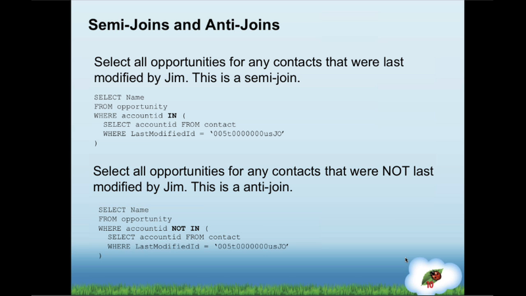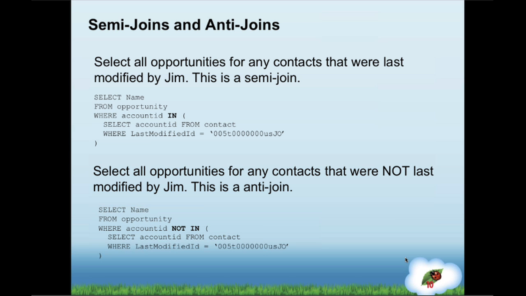So how would you do that in the old syntax? Well, you would probably have to do a couple of queries, iterate through them, chew up a lot of script statements. With child-to-child semi-joins, you can do it in this single statement. The thing that is really key here is that we're allowing this sub-select in the value definition of our IN clause.